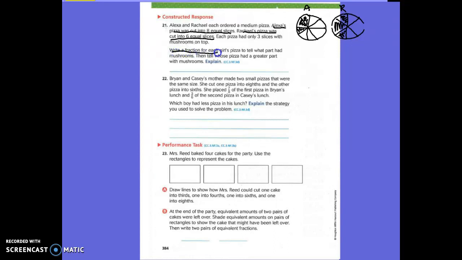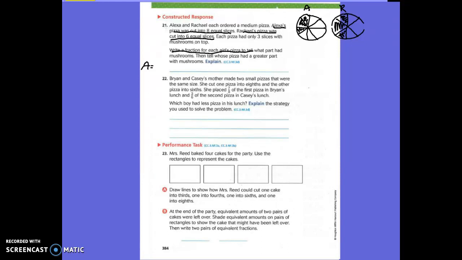Now, the directions say, write a fraction for each girl's pizza. So, Alexa, what is her fraction for her pizza? What is Alexa's fraction for her pizza of mushrooms? Eli? 3/8. You guys agree? Yes. Why 3/8? Tyson?